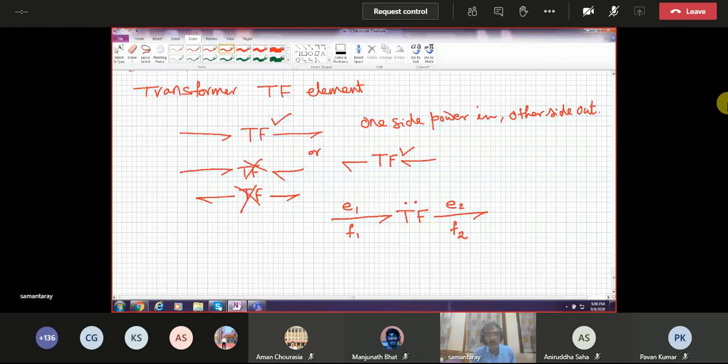And I will write this mu is the transformer modulus or scaling factor. And this is the transformer orientation.